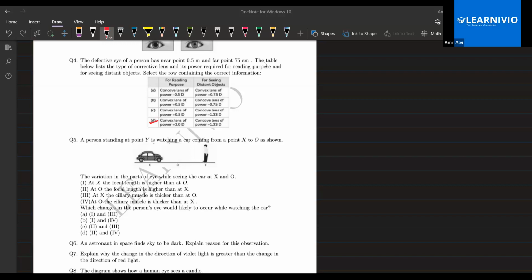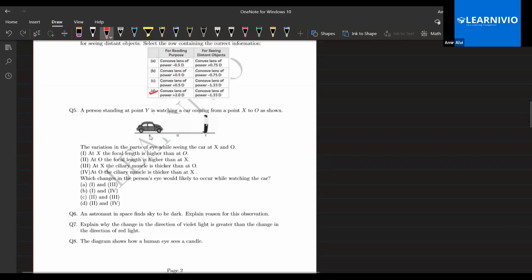Okay. There you go. When the person is standing at Y and the car is coming from X to O, the distance is decreasing. Initially the focal length of the person would be high because the object is far away. But when it comes towards the person, it would decrease, the lens would become thicker, and the ciliary muscles will contract. So at X, the focal length is higher than at O. Yes, it is right. First option is right.